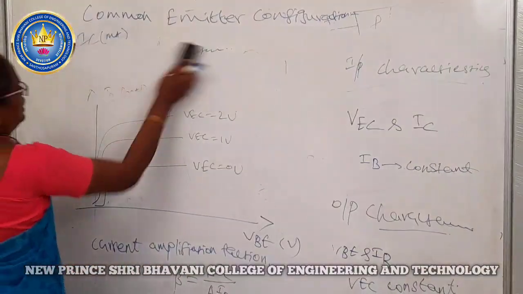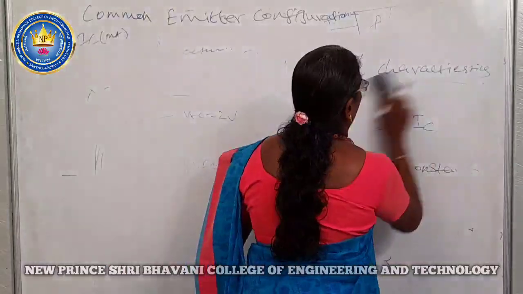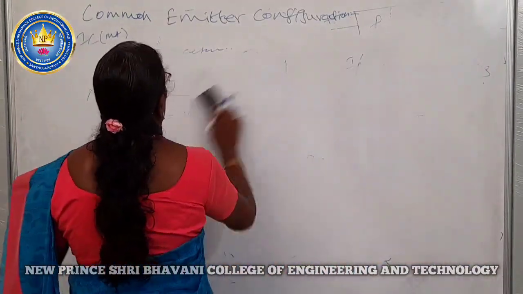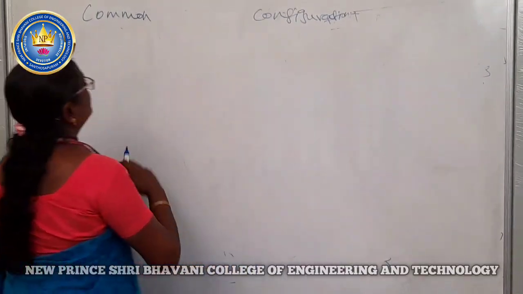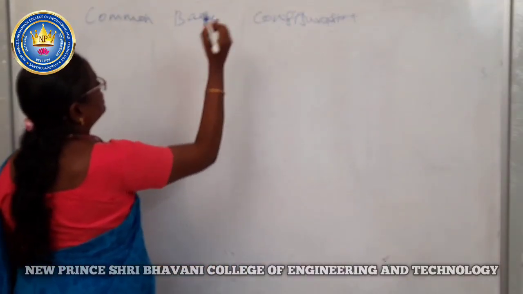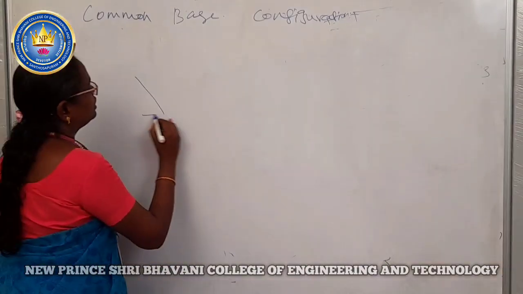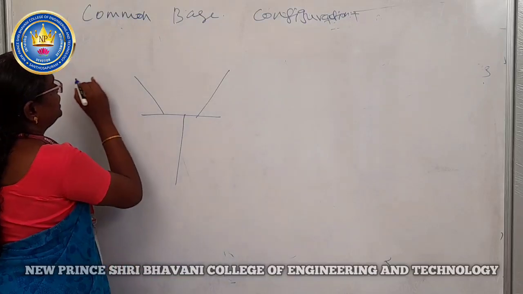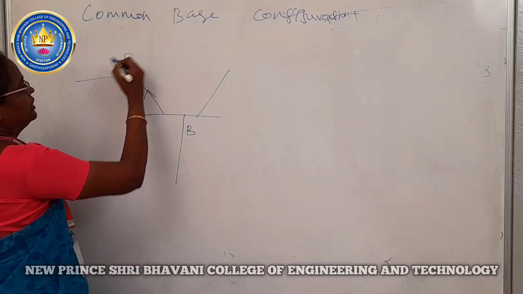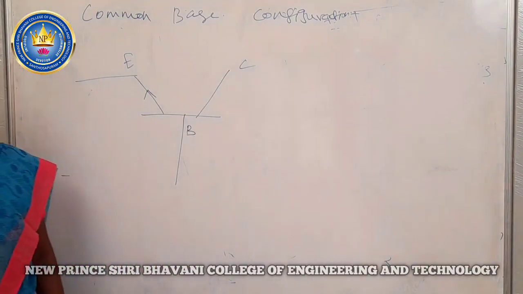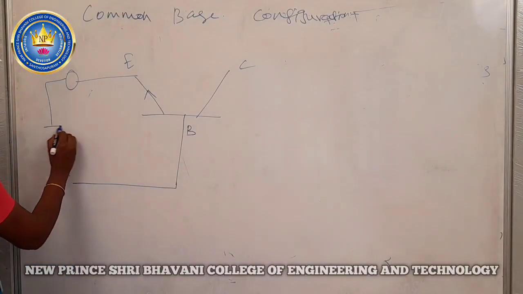Okay. And then next one, move on to the common base configuration. In case of common base configuration, the base is common for both emitter and collector. This is the base terminal, this one is the emitter and this one is the collector.